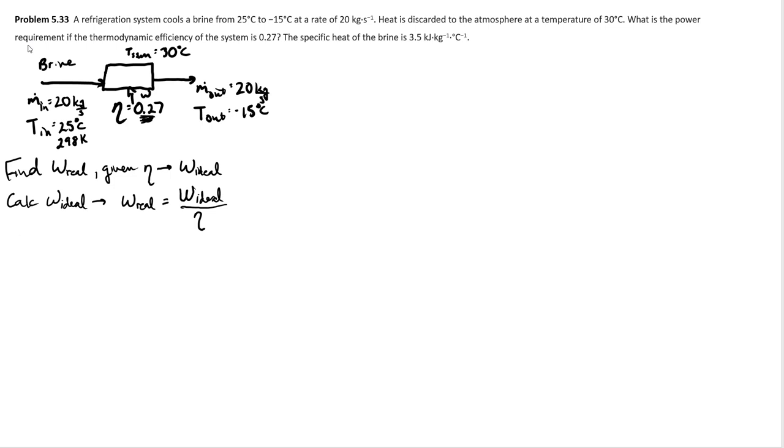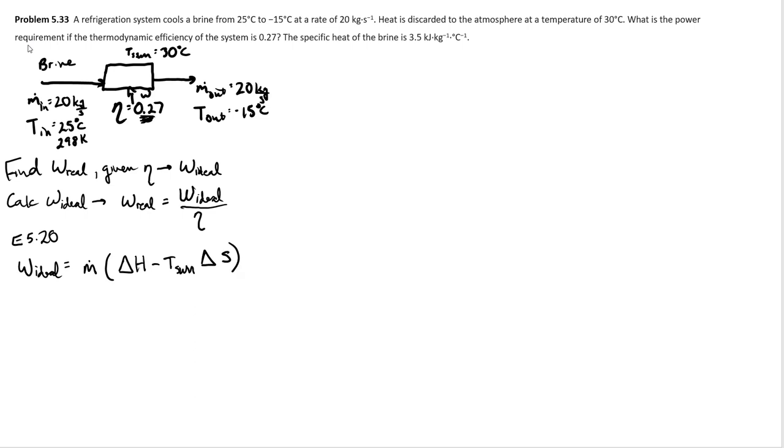So if we go to equation 5.20 in your book, that gives us an equation for the ideal work. The ideal work is equal to m dot, the mass flow rate, and this is for one stream, times delta H, minus T surroundings times delta S, right?